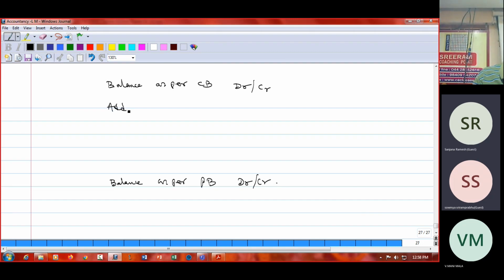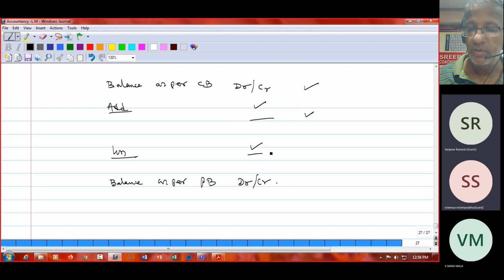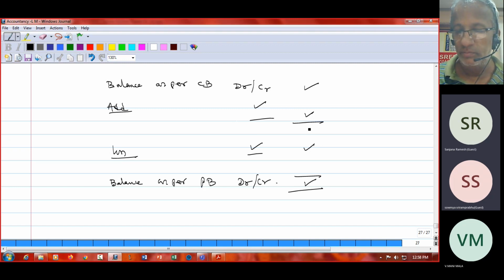So you add a few items, you deduct a few items. Correct. These are the ways through which you prepare a bank reconciliation statement. So here balance as per cash book or passbook, debit or credit. Here also I will end up with balance as per cash book or passbook, debit or credit. It could be one of these. Correct.